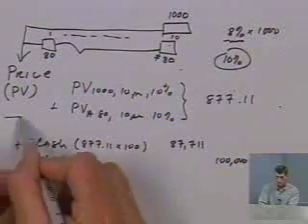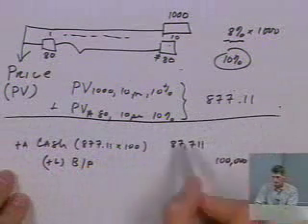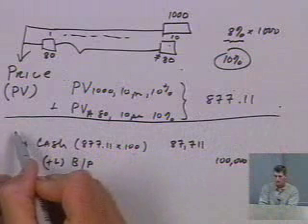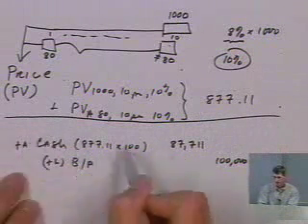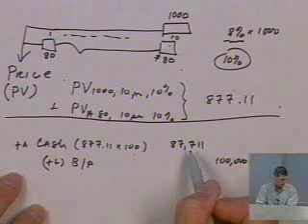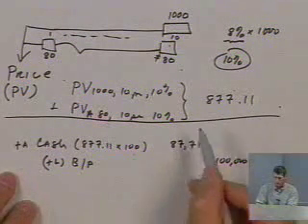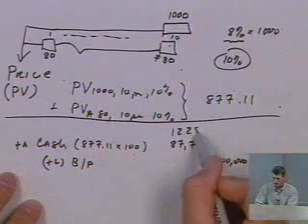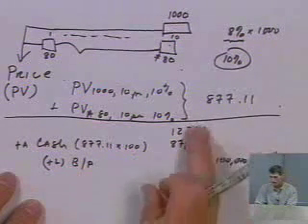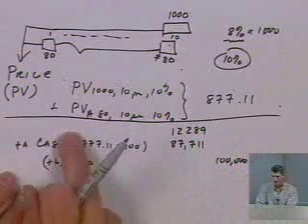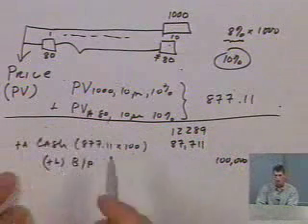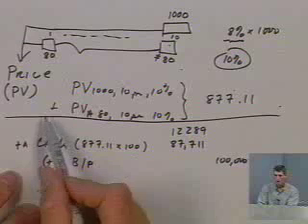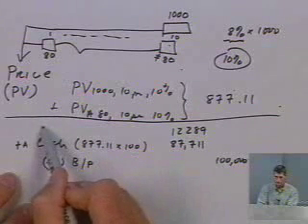And so the rest of this entry, to put the debits together, we are going to need to debit something. And how much is this debit? It's going to be $12,289. So let's put in what we know. The debit is $12,289 because the debits have to be equal to the credits. And what is this going to be called? And the answer is going to be called discount on bonds payable.